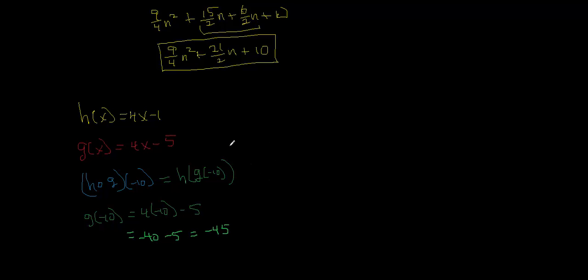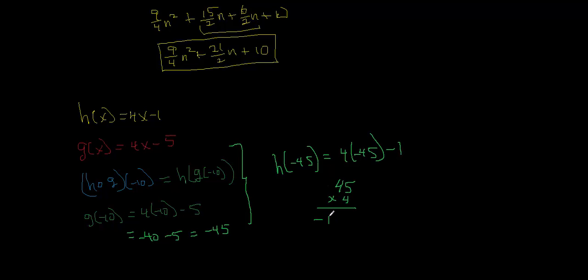So then we have to continue with h of -45 into here, becomes 4 times -45, subtract 1. 45 times 4 is actually, well, this is a negative here, so it's -180.